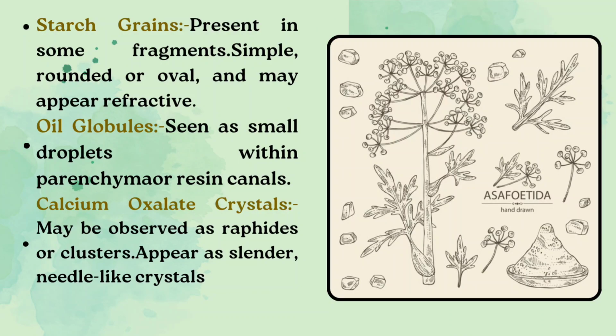Starch grains, present in some fragments, simple, rounded or oval in shape, and may appear refracting. Oil globules, seen as small droplets within parenchymal resin canals. Calcium oxalate crystals may be observed as rosettes or clusters, appear as slender needle-like crystals.